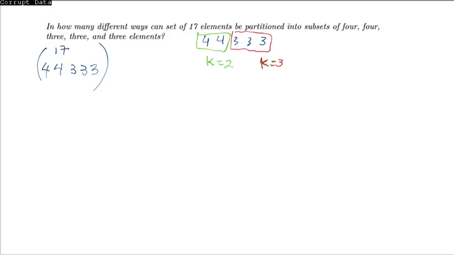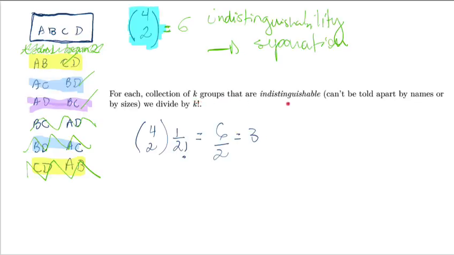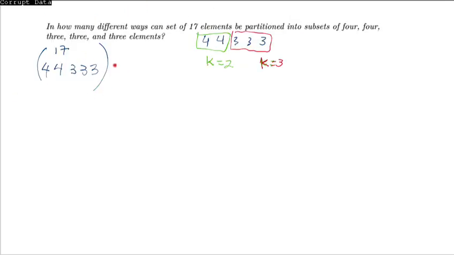So what the theory tells us is, for each collection of k groups that are indistinguishable, we divide. So work out the multinomial as if everything was distinguishable, right? So 17 choose 4, 4, 3, 3, 3. But then divide for every collection. So I'm dividing for the first collection by k factorial. So this first collection is 2 factorial. And also we'll divide by 3 factorial. So this is the answer.